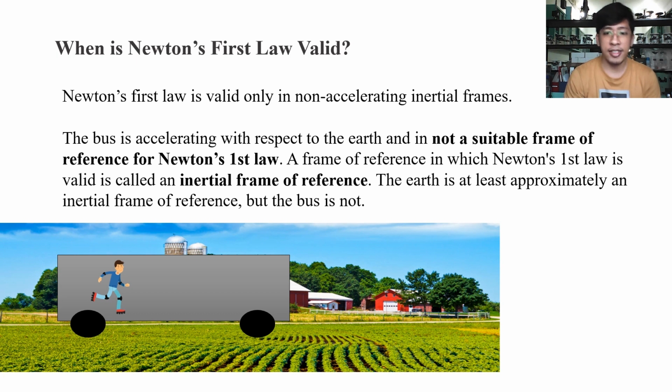So at least approximately, the Earth can be considered an inertial frame of reference, but the bus is not, because the acceleration of the bus is very significant to the motion of your roller skater. So again, your Newton's first law is valid only in non-accelerating inertial frames.